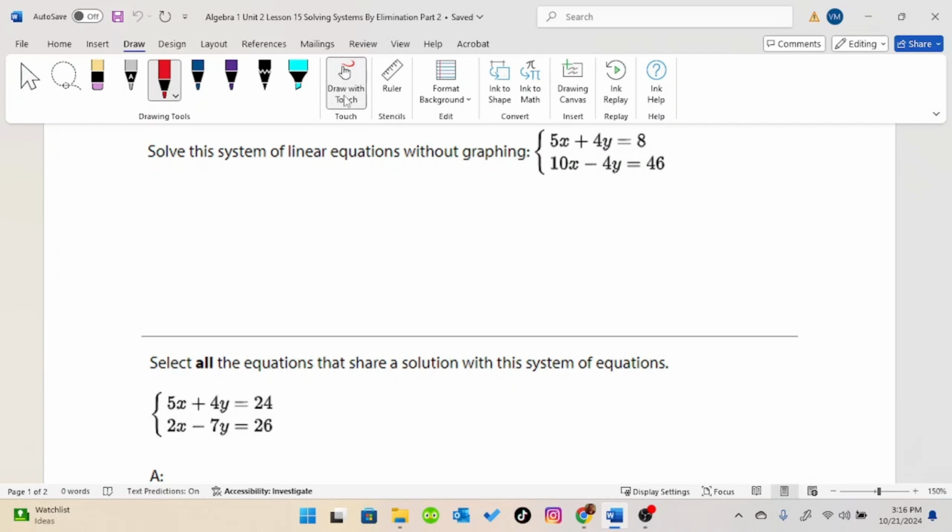What I'd like you to notice is that in the system of equations, we have opposite variables. I have a plus 4y and a minus 4y. When I have opposite variables, I want to add these equations together.